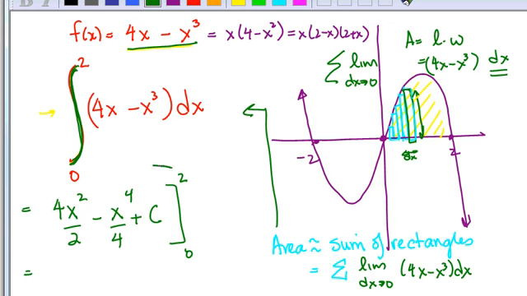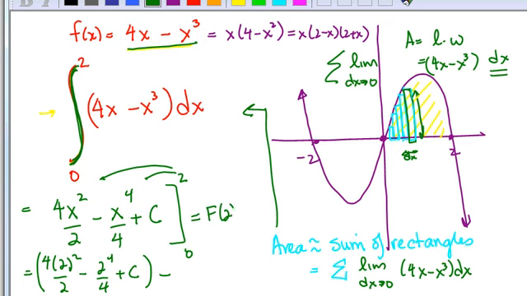So I'm going to plug in my value for 2: 4 times 2 squared over 2 minus 2 to the 4th over 4 plus c. So there's my integral at 2, and then I'm going to subtract the integral evaluated at 0.